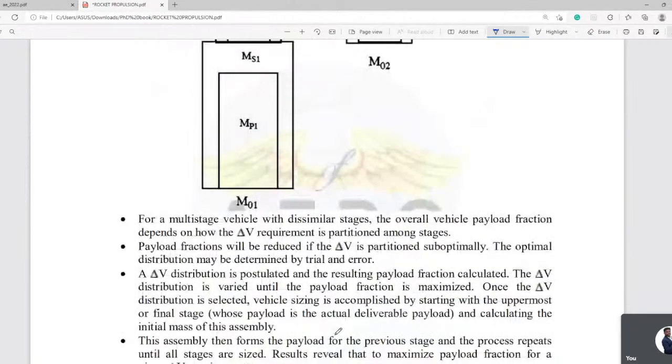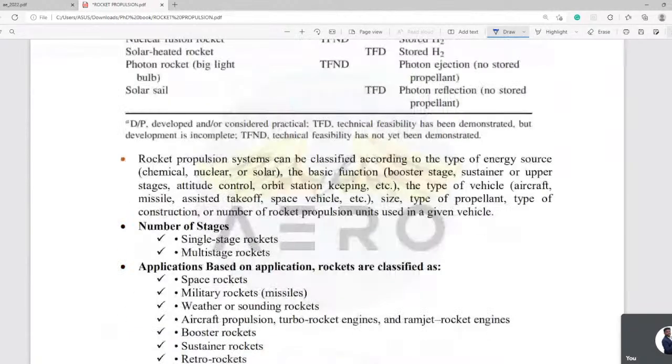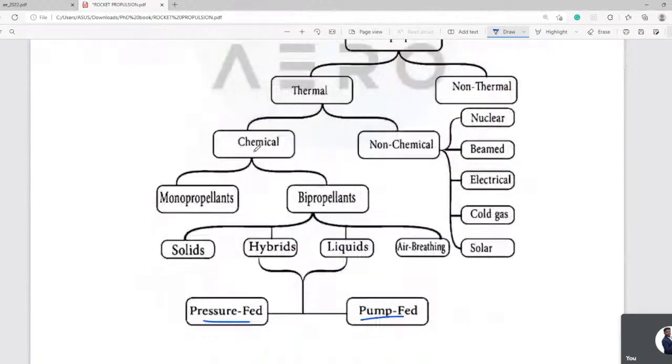Apart from that, moving forward to the chemical propellants, we have monopropellants. What is the list of monopropellants? We have bipropellants. What is the list of bipropellants? Then the hydrocarbon gel type, the advantages and disadvantages of solid, hybrid and liquid, and the important components, important parts and their functions.